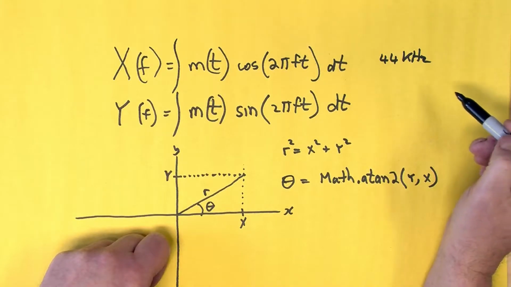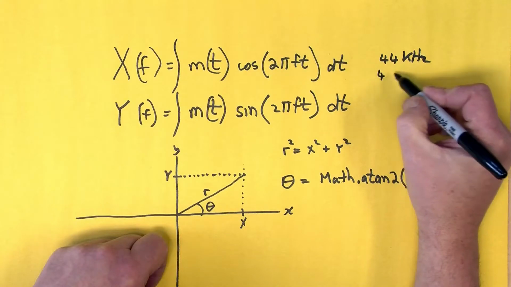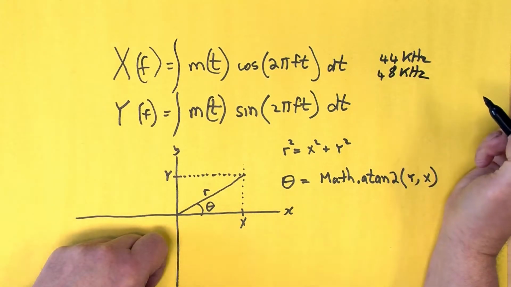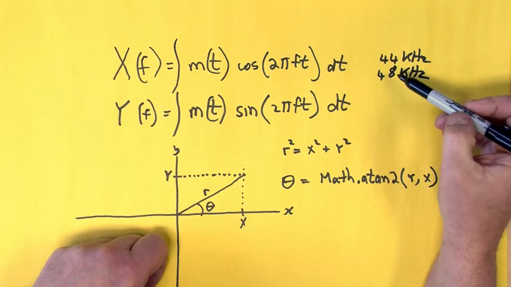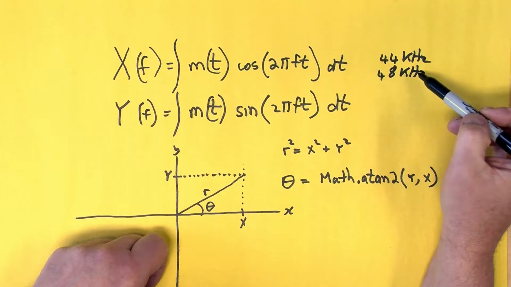Some of the newer systems, including the system that I'm recording my voice with, use a slightly higher frequency, 48 kilohertz. In the end, it doesn't really make that much of a difference, other than it is an indicator of how many points we're going to have to deal with.